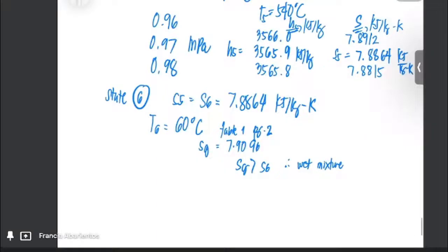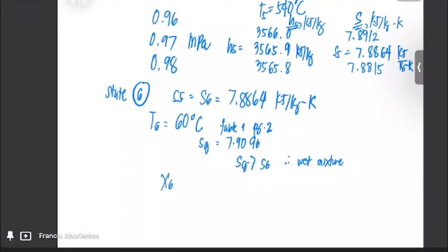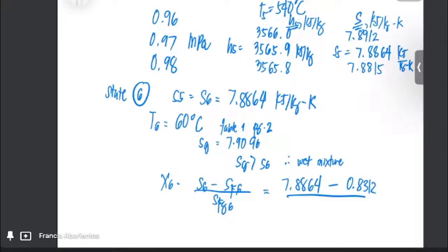Okay, anong kukunin natin? Again, the quality at point 6. Solving for that, we have the S6 at that point. What is SF? The saturated liquid. Given sa atin yung entropy, 0.8312 divided by the entropy, the latent heat of evaporation of the given entropy.